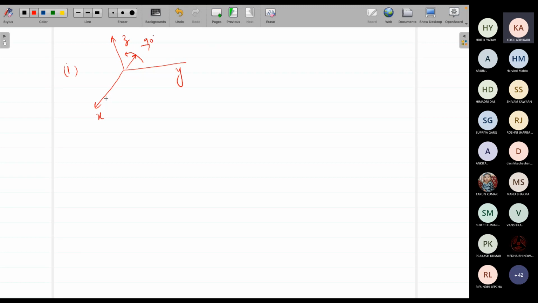So what am I going to do? I am going to make an operation about the x-axis. I am going to rotate by 90 degrees. What will happen to y? What will happen to z? Let's say E1, E2, E3 represent my X, Y, and Z. So these three vectors correspond to my set of orthonormal ones. Now I apply an operation: I am going to rotate by pi by 2 along the positive x-axis.